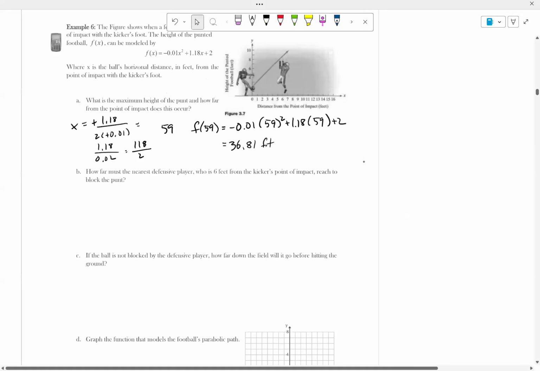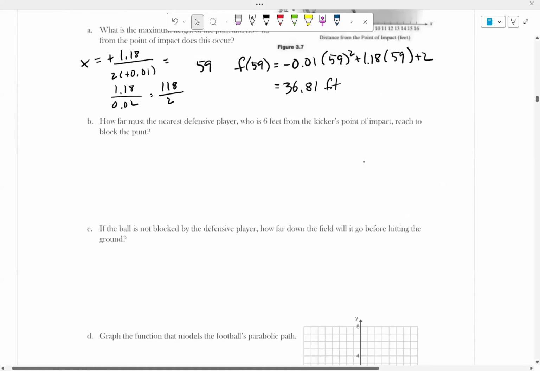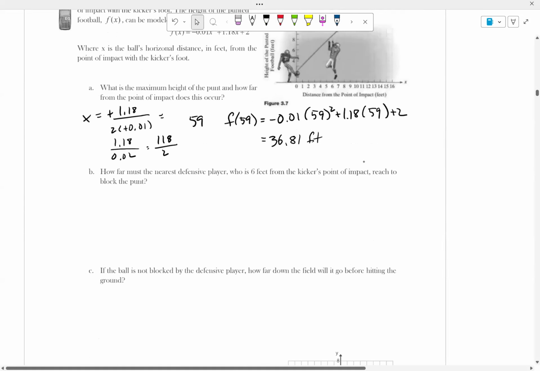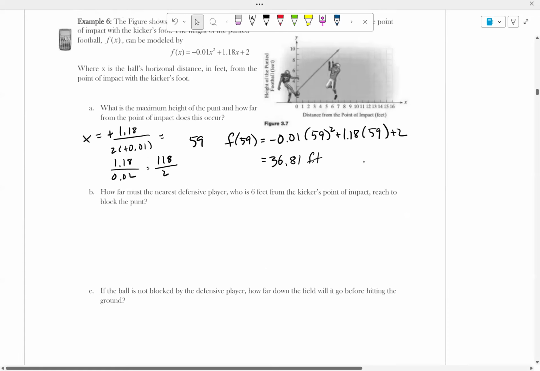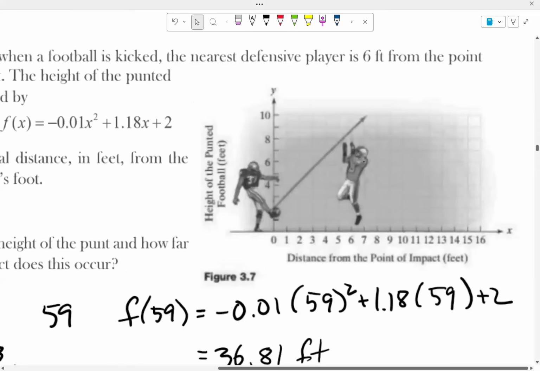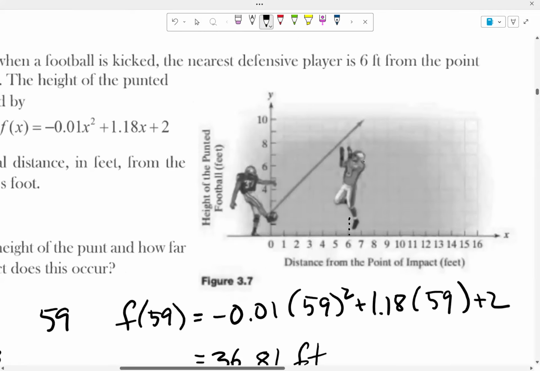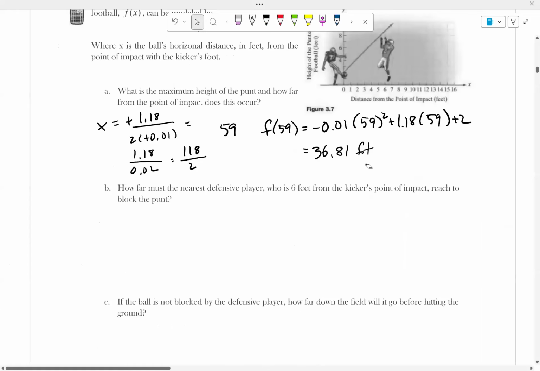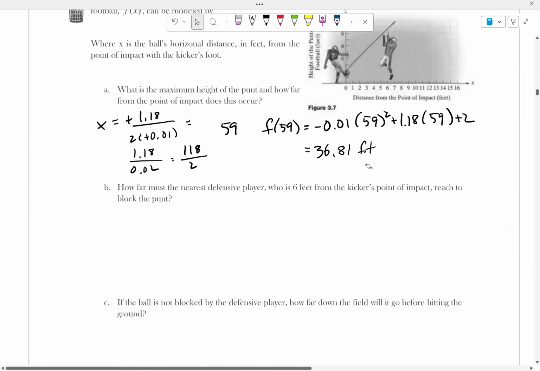Who knows? Anyway, moving to B, how far must the nearest defensive player who is 6 feet from the kicker's point of impact reach to block the punt? Okay, so we can see on this diagram that at 6 feet, we're just trying to figure out what the height is. So to do this, all we have to do, hopefully you're thinking it when I'm thinking, is plug in a 6.